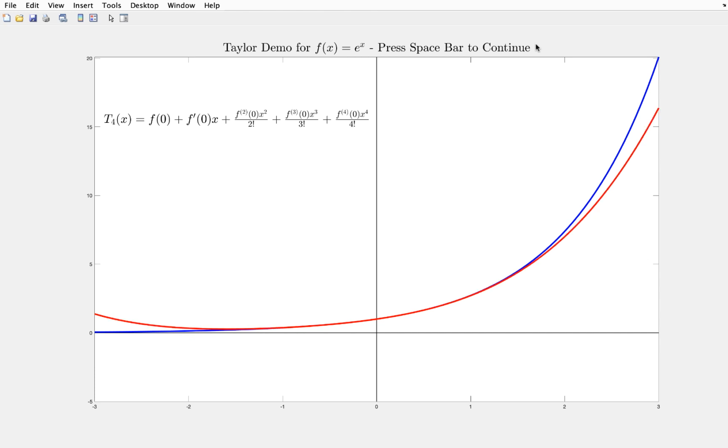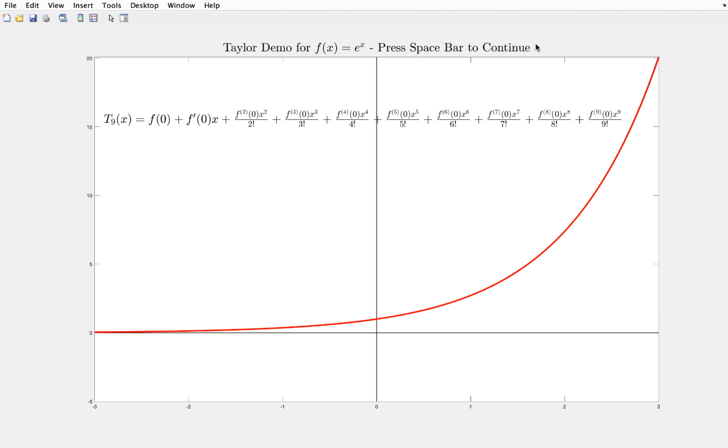And the idea holds for the fourth order, the fifth, the sixth, the seventh, the eighth, the ninth, and we could keep going so long as the differentiability of my function allows me to keep going. We probably already know that e to the x is infinitely differentiable because its derivative is itself, and that the Taylor series in this case converges because e to the x is analytic.